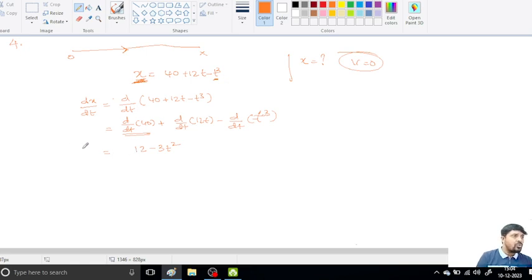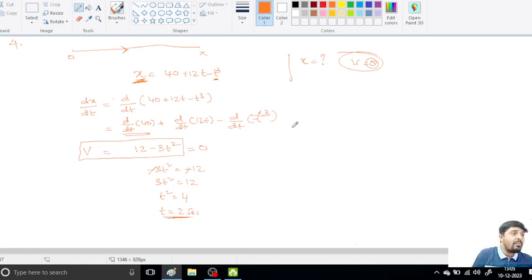So the velocity is 12 minus 3t square. It should be equal to 0 because the particle came to rest. So minus 3t square equals minus 12, the minus cancels on both sides, 3t square equals 12, t square equals 12 by 3, which is 4, and t is 2 seconds. Root 4 is 2.